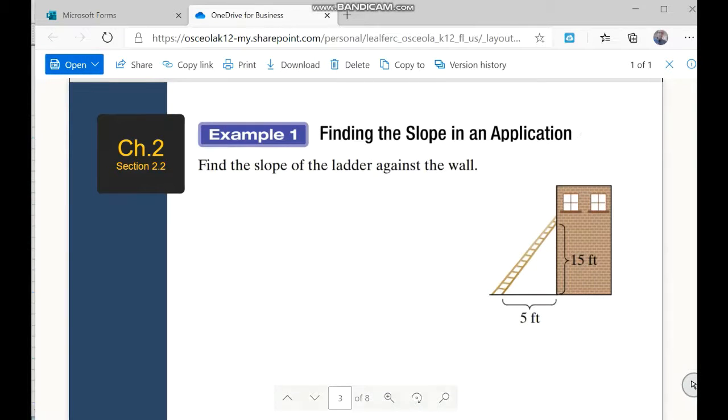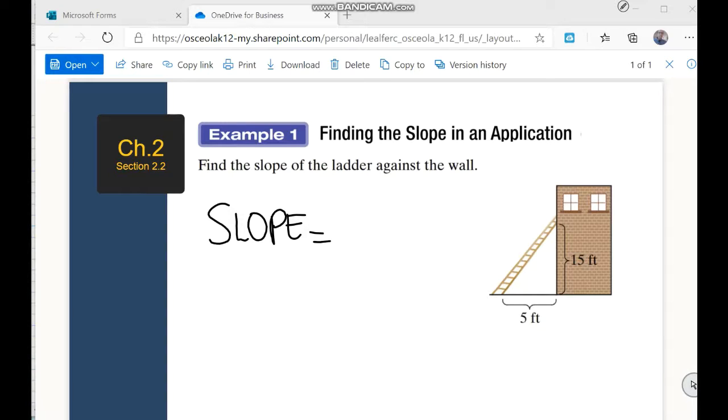Example. How to find the slope of a ladder against the wall. I don't know how to calculate slope. I just know the horizontal distance is 5 and the vertical distance is 15 feet. Well, let's try to remember, what do you know about slope? I know that slope equals rise over run.